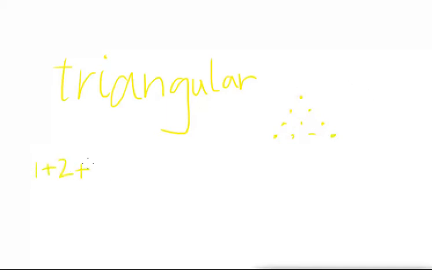Well, most people in the Numberblocks community realize it though, because 91 is something called a triangular number, which is a number that can be formed in a triangular shape, like so. 1 plus 2 plus 3 plus 4, and so on until you stop at some point.